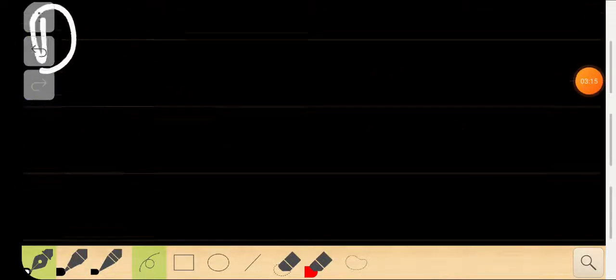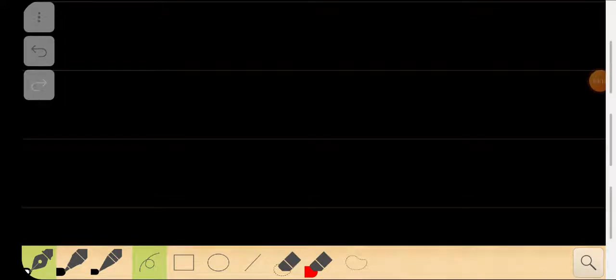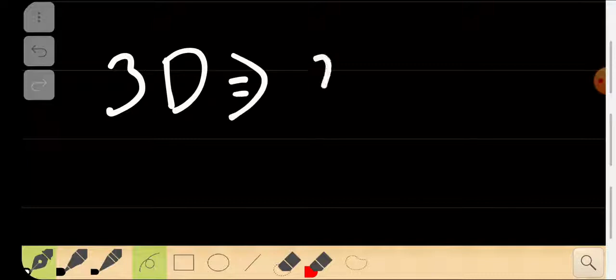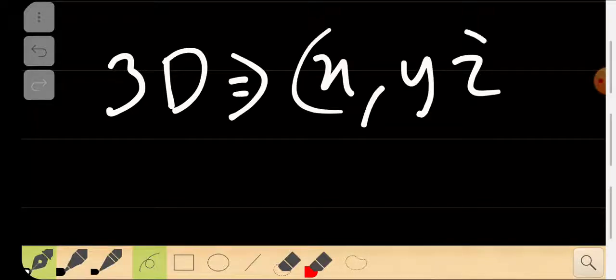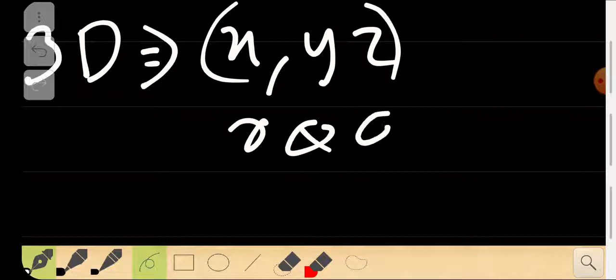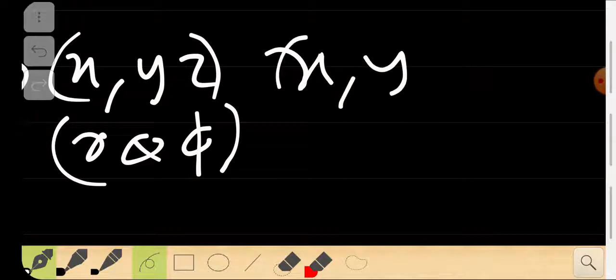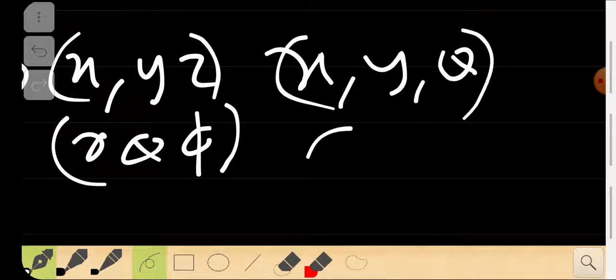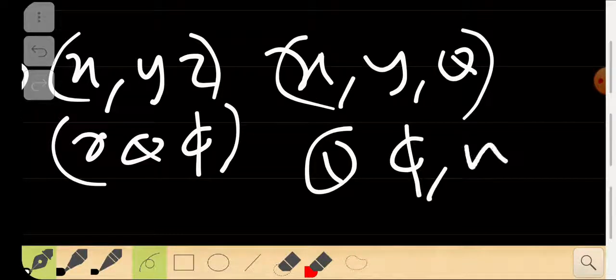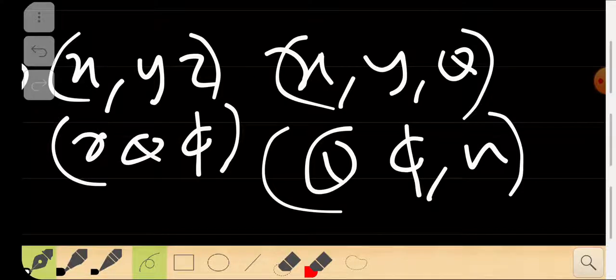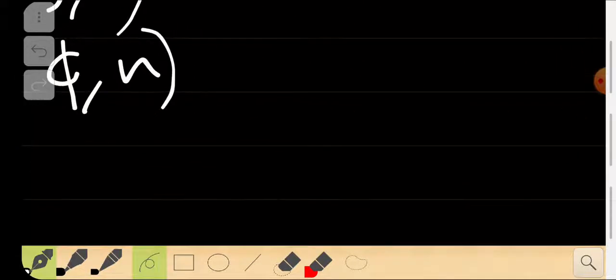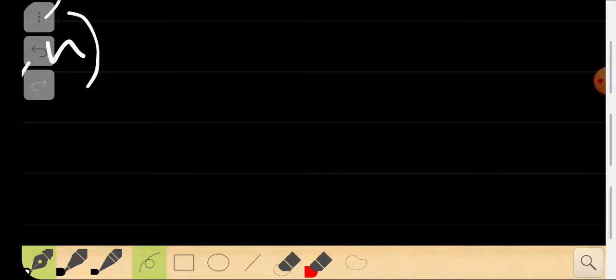Now coming into three dimensions, you will require three things. It can be x, y, z. It can be r, theta, phi, as we discussed earlier. It can be two distances and an angle. It can be two angles and a distance. Doesn't matter, but it has to be three. So in three dimensions, everything has to be specified in three. That's the basic thing. I just wanted to make you aware of that.